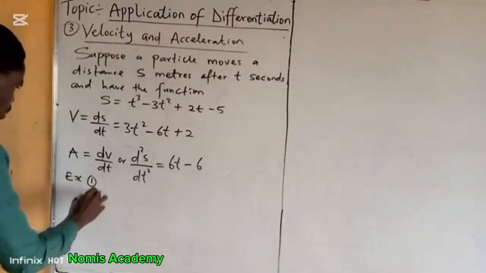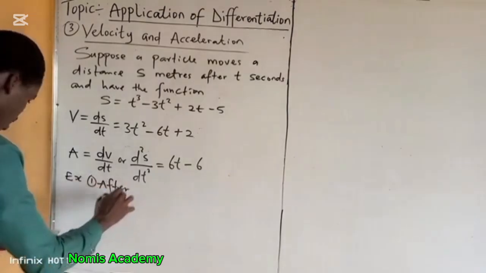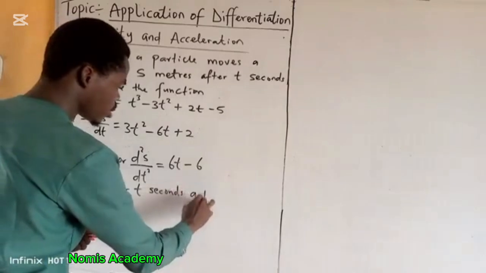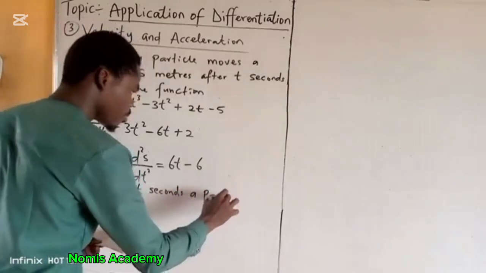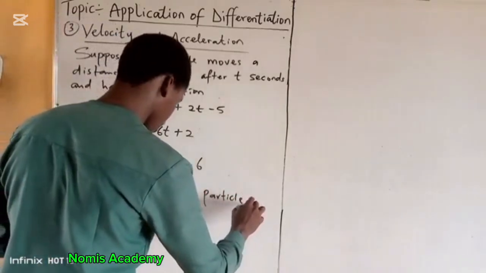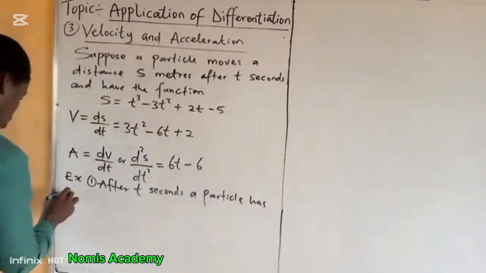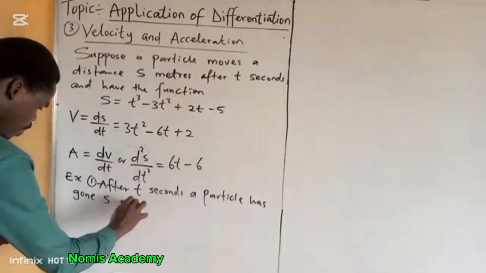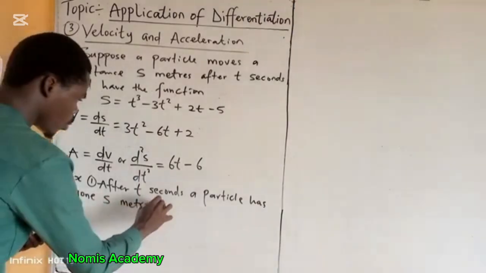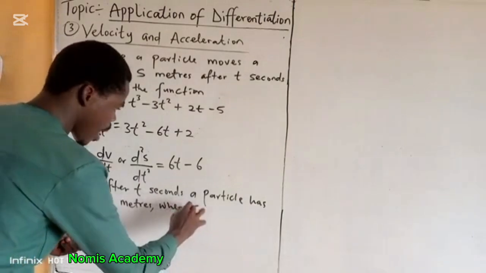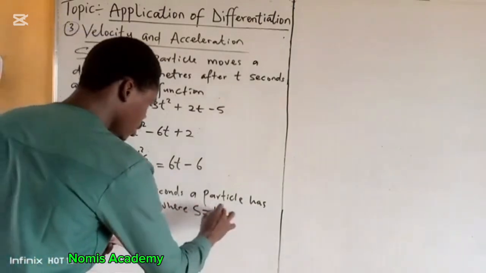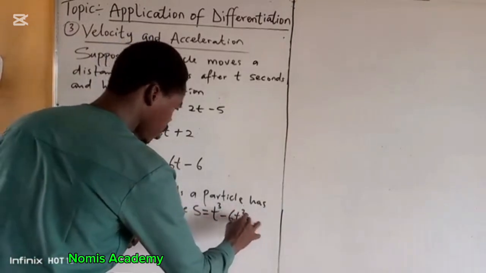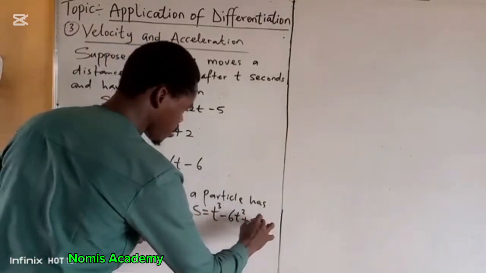Example 1. After t seconds, a particle has gone s meters, where s equal to t cubed minus 6t squared plus 9t minus 5.